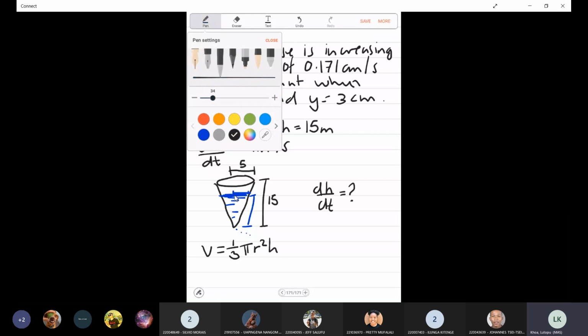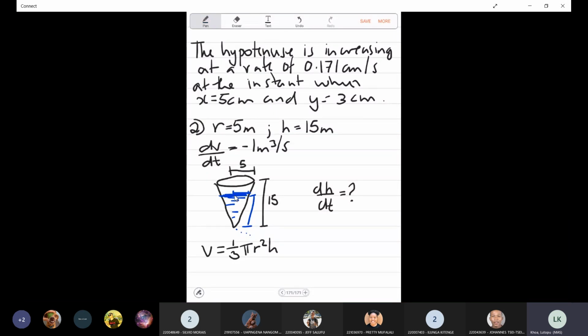So here, at whatever level the water is, let's say the water is here, that is the level of the water. Because of our similar triangles, the radius here, this little radius, compared to the height over here, those two are proportional to the radius and the height of the whole cone, because the cone is consistent. So the radius over the height at any time, whether the water is here or there, that new radius divided by the new height will always be in the ratio 5/15.